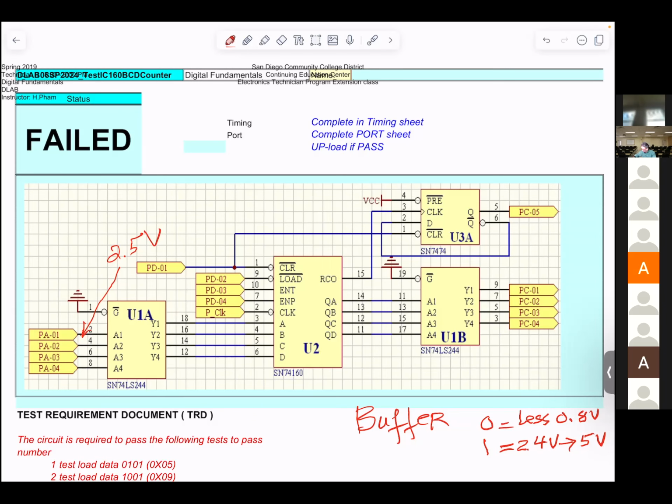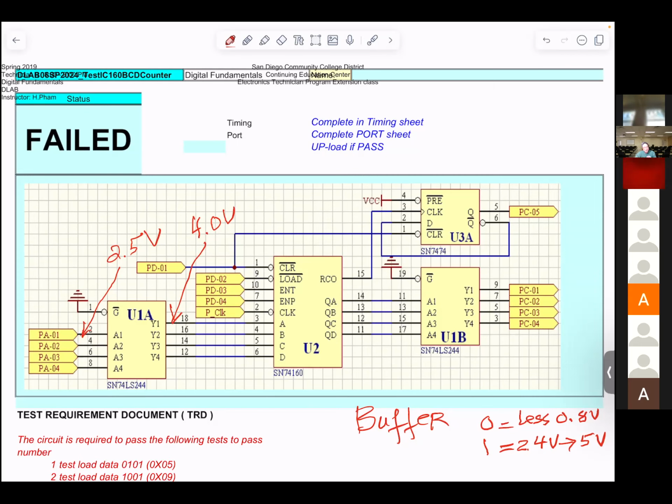When you get the output of input pin 2, that means this is the output, they bring it up to 4.0 volt. It's still a logic 1, correct? Yeah. However, they prefer logic 1 to be close to 5 volt. Okay? So that's why we need the buffer.